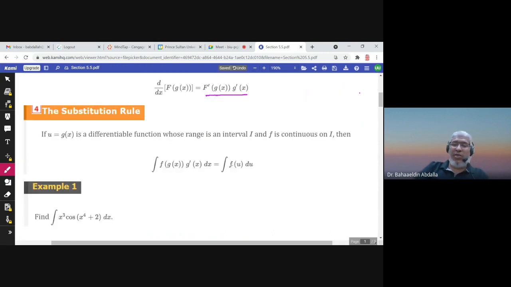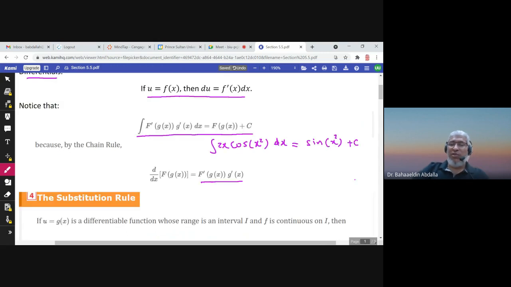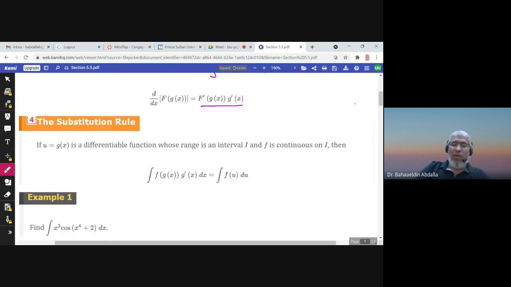So what is the substitution rule? It is what we have here. If we have the integral of f of g of x and the derivative of g of x is inside the integral, then we can take u equals g of x. So we call this u. That's the substitution. And if you call this u, now find the derivative of both sides.